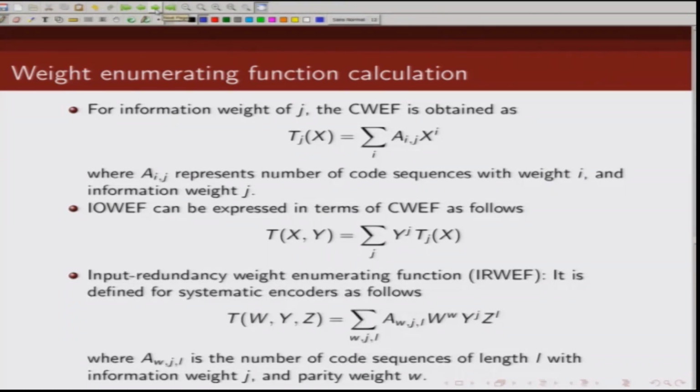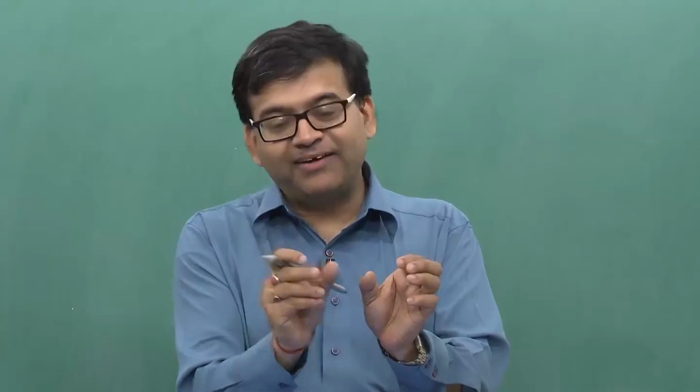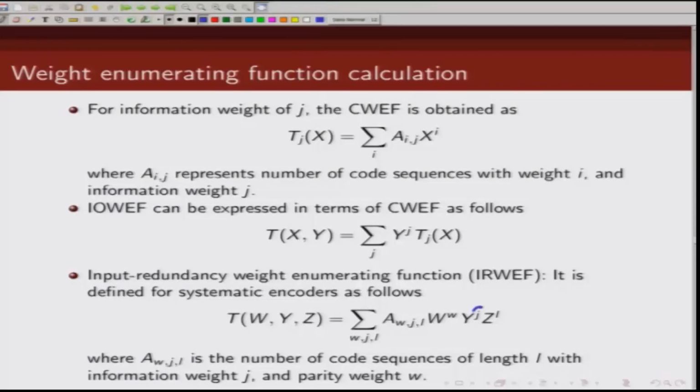This is another property which is defined for systematic encoders, which is called the input redundancy weight enumerating function. Here, because the output weight of a systematic encoder consists of the weight of the information bits and the weight of the parity bits, and since the power of y already denotes the weight of the information bits, when you are asked to show the output weight, instead of specifying the output weight, you can just specify the weight of the parity bits, because it is a systematic encoder.